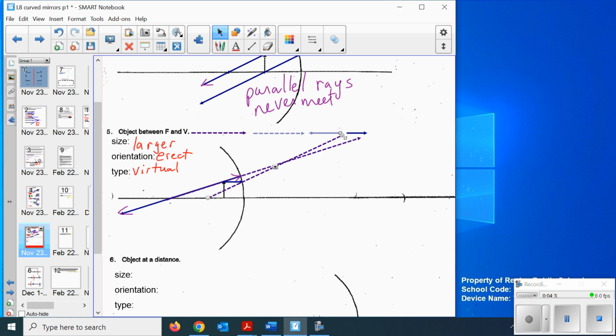So really, that dotted line is only there to guide me. The actual rays of light bounce through the focal point. That's the solid. So, parallel hits the mirror, goes through the focal point. That's what you're drawing solid.